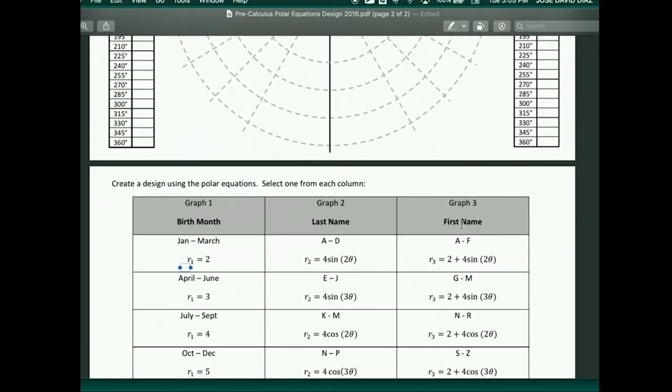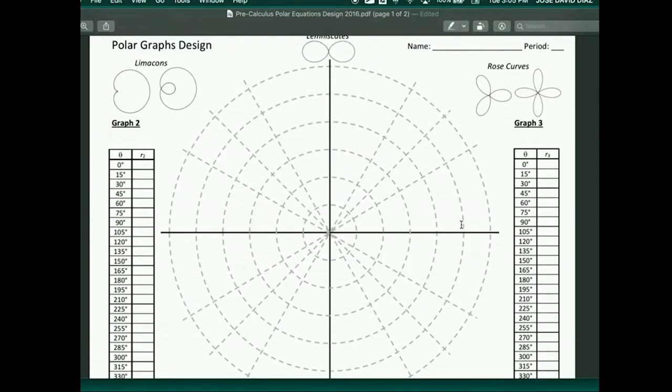Then notice that you're not going to write down graph number 1 because that's going to be a circle, just like we did. You are going to write graph number 2 here, and equation number 2 and equation number 3.